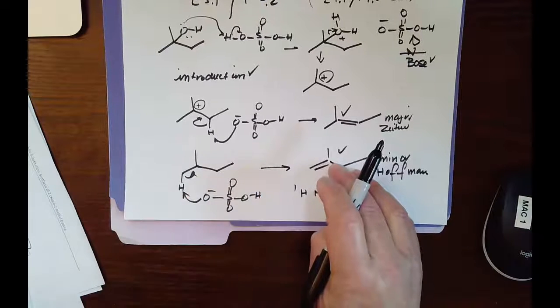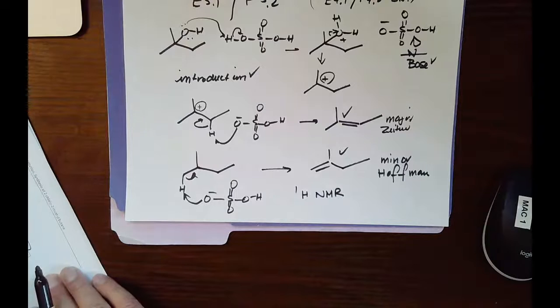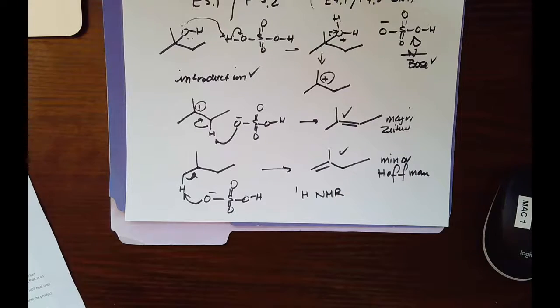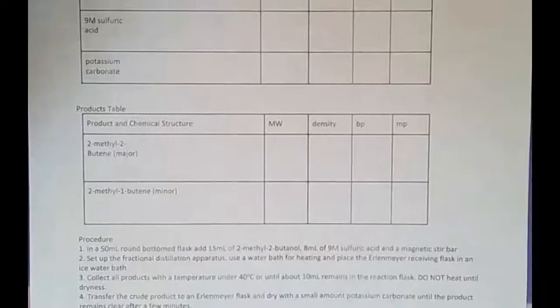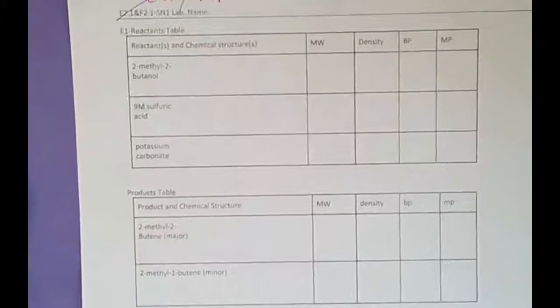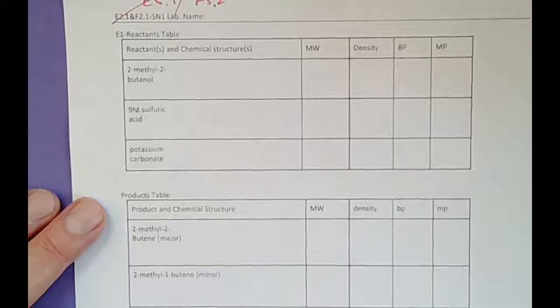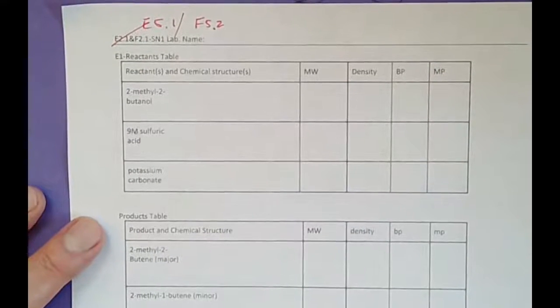Now again, like SN1, I'll put the paper up. It usually doesn't show up very well, but I'll make this a little bit bigger. As I said for SN1, this is what we ask the students at Rowan.